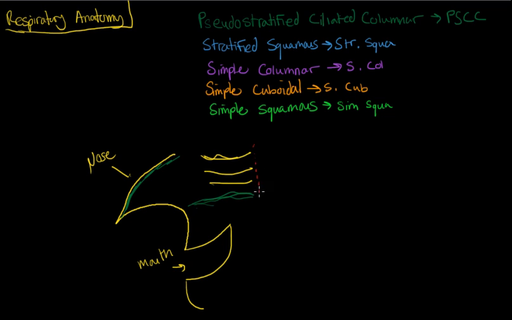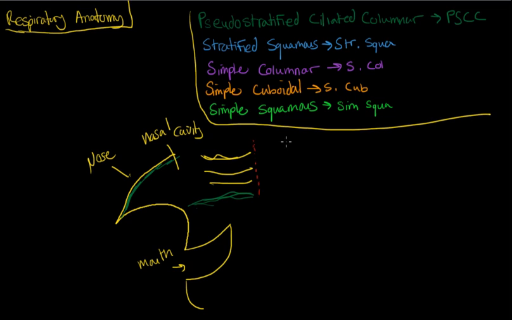So the next portion, I'll draw a dotted line here in red. After the nasal cavity, we're going to have our nasopharynx. So let's draw a line there. And that is also going to be lined in pseudostratified ciliated columnar. So we'll come back to this color code here and draw this nasopharynx back here.